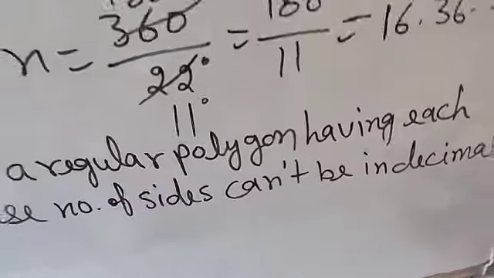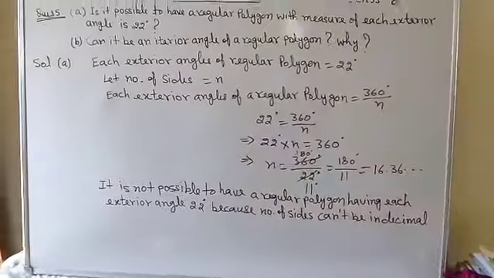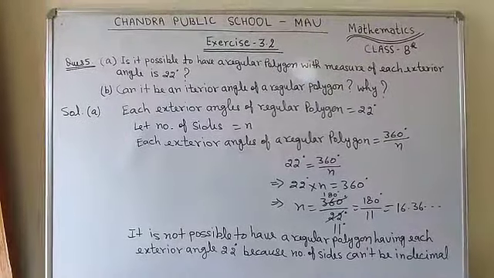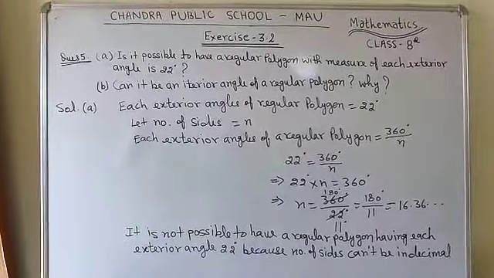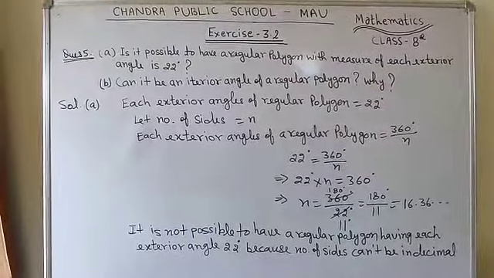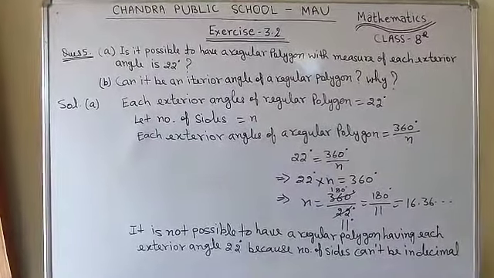So that is the reason. That is not possible, because you get the number of sides in decimal. So that's why a regular polygon is not possible having each exterior angle 22 degrees.